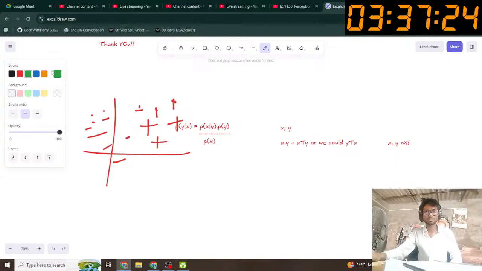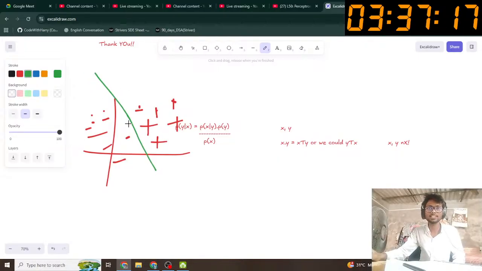If there exists any linear separator, then we will say that this data set is linearly separable, and this linear separability means this line is kind of encoded in our variable w.